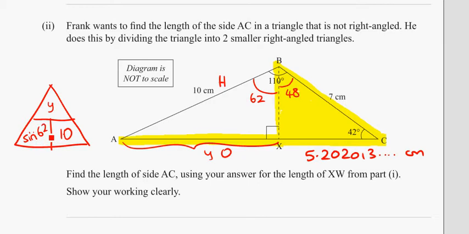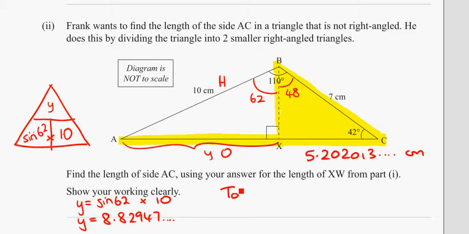You might have done it a different way, as long as you show your working, get the right answer. So I know that Y is going to equal sine of 62 times 10. Y equals, and working that out, 8.82947. There's a few more digits there, we haven't finished the problem yet.